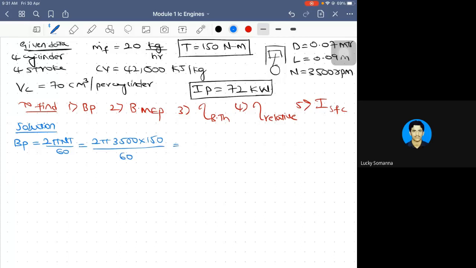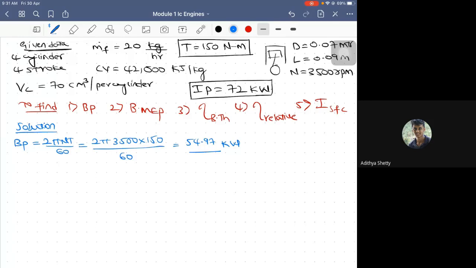So just substitute and give me the value in watts or kilowatts. 54.97 kilowatts. 54.97 kilowatts.